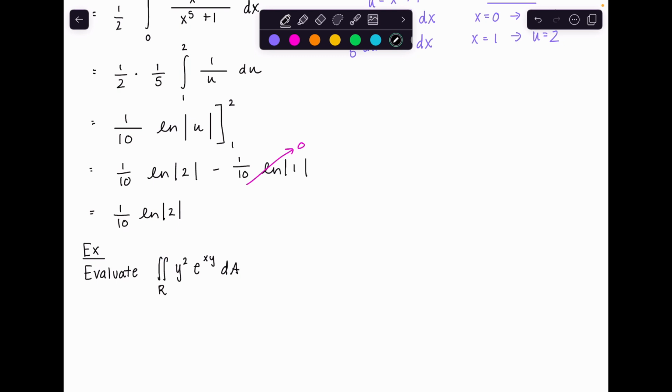So let's evaluate this, where R is the region bounded by y equals x, y equals 4, and x equals 0.